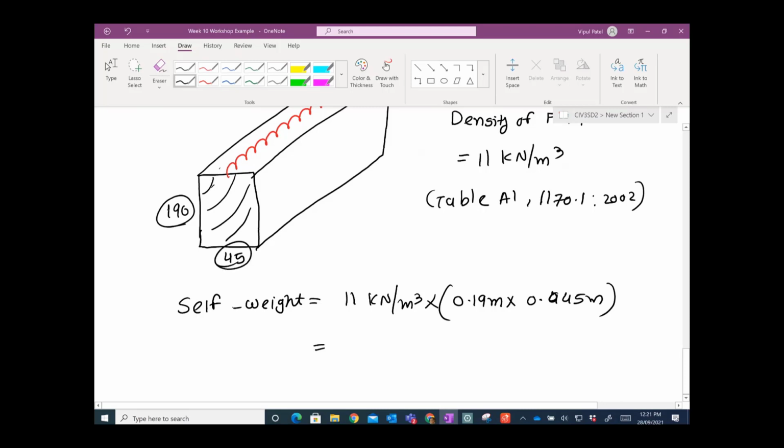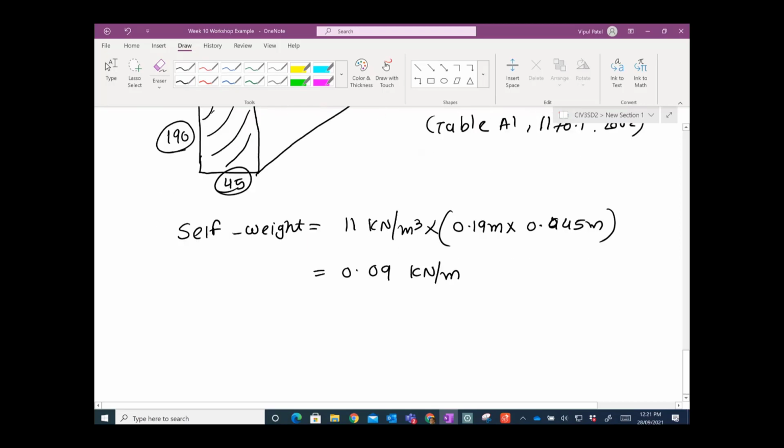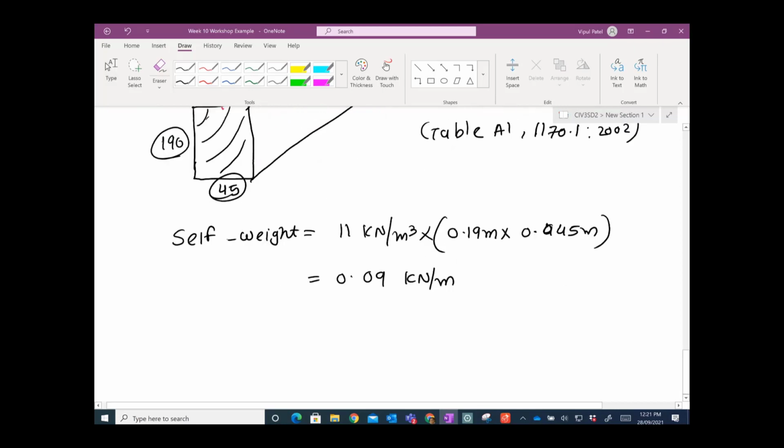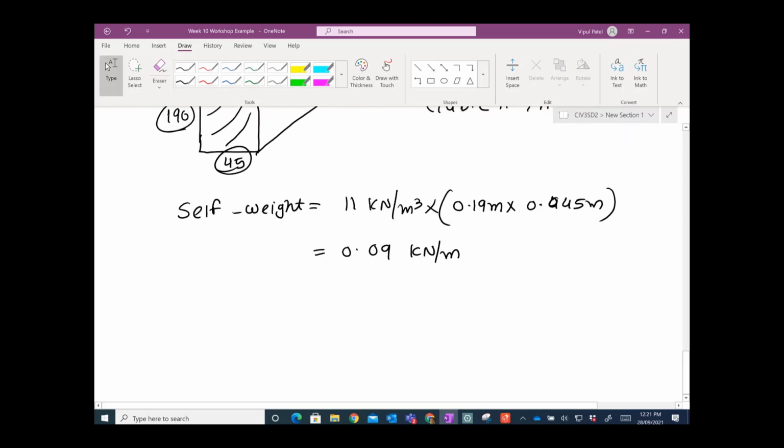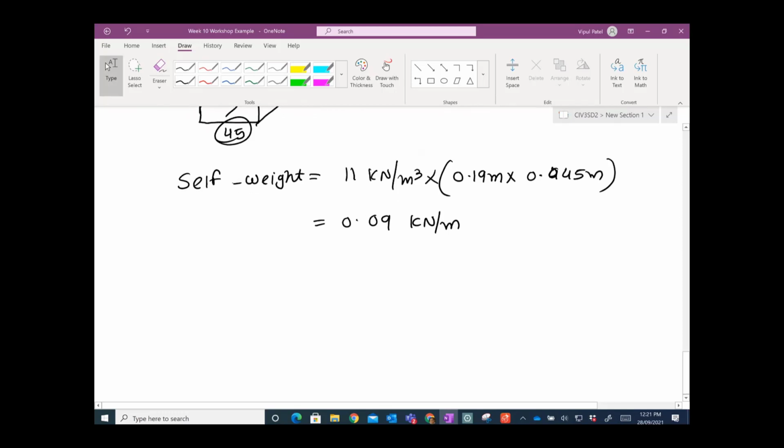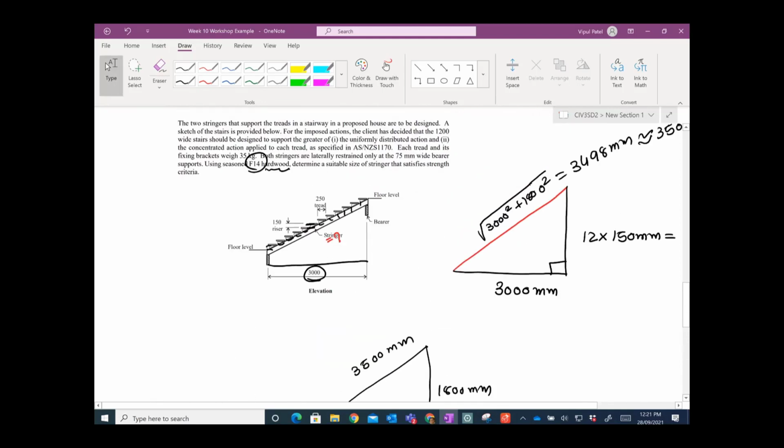So 11 times 0.19 times 0.045, I get 0.09 kilonewton per meter. That is the weight of the stringer applying the dead load on that stringer. Now let's talk about the self weight of the tread, because these stringers need to carry the load of this tread as well.